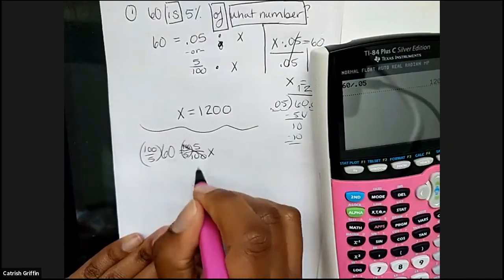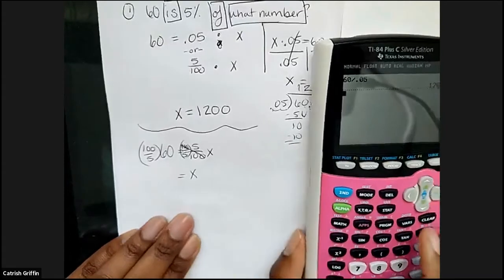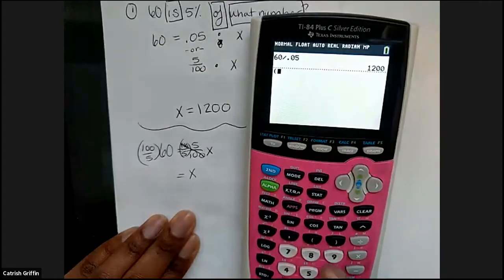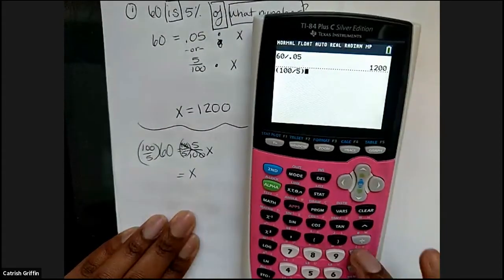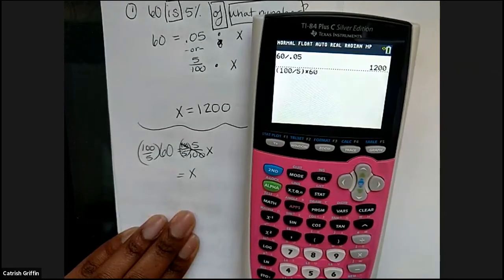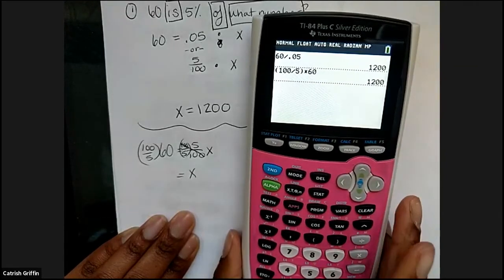And so this would cancel and just leave me with X. And then in my calculator, I'm entering 100 divided by 5 times 60. And I get the same answer.